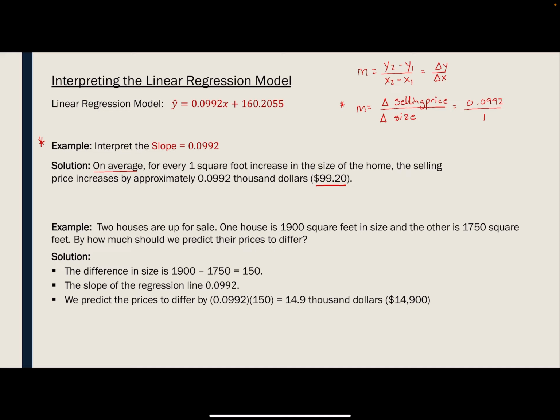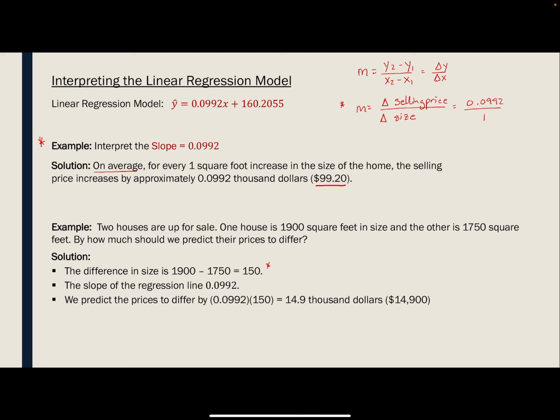So let's figure out what was the increase between 1,750 and 1,900. Well, if we subtract them, we know that it increased by 150 square feet. If we multiply that 150 times the slope, we will get the increase in the selling price.